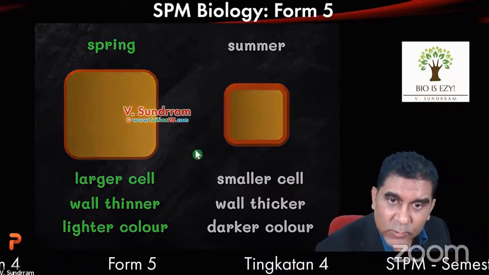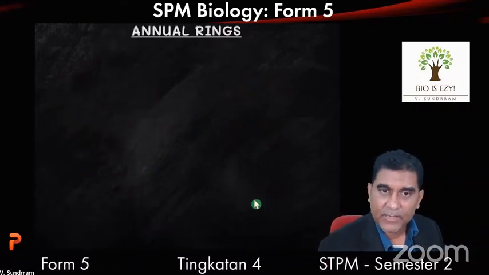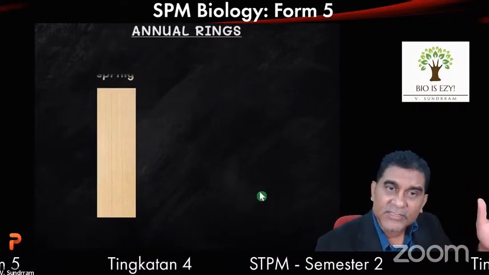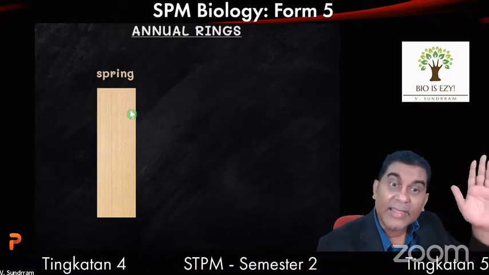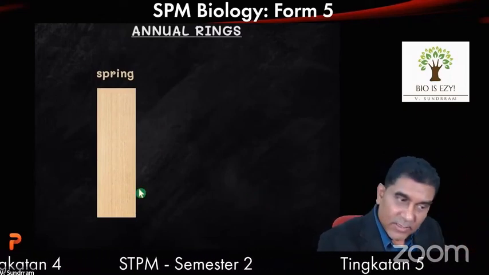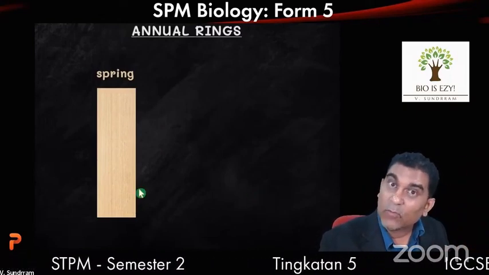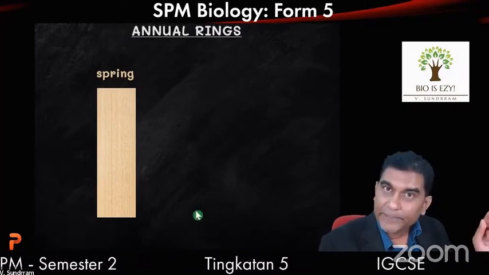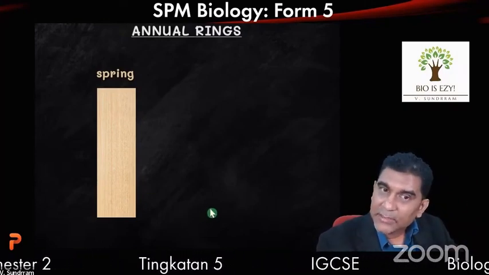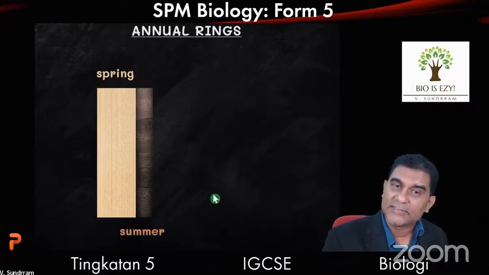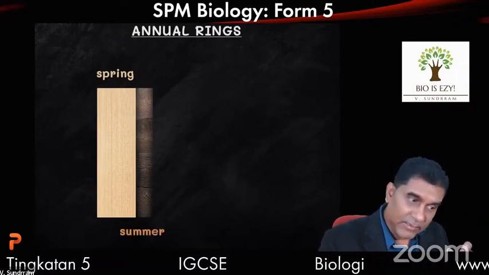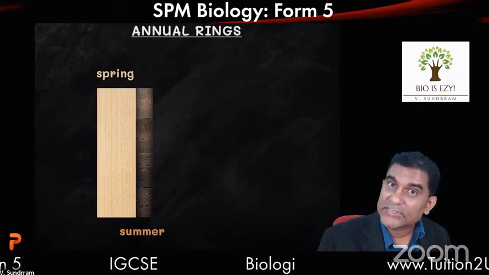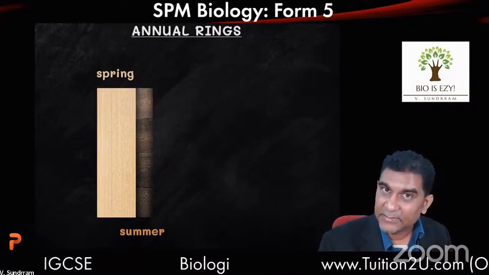So that means the annual rings will look like this. What forms in spring? The lighter one, because the cells are larger, the wall is thinner. In summer, the ring is darker color. Smaller cells, thicker cell wall, darker ring.